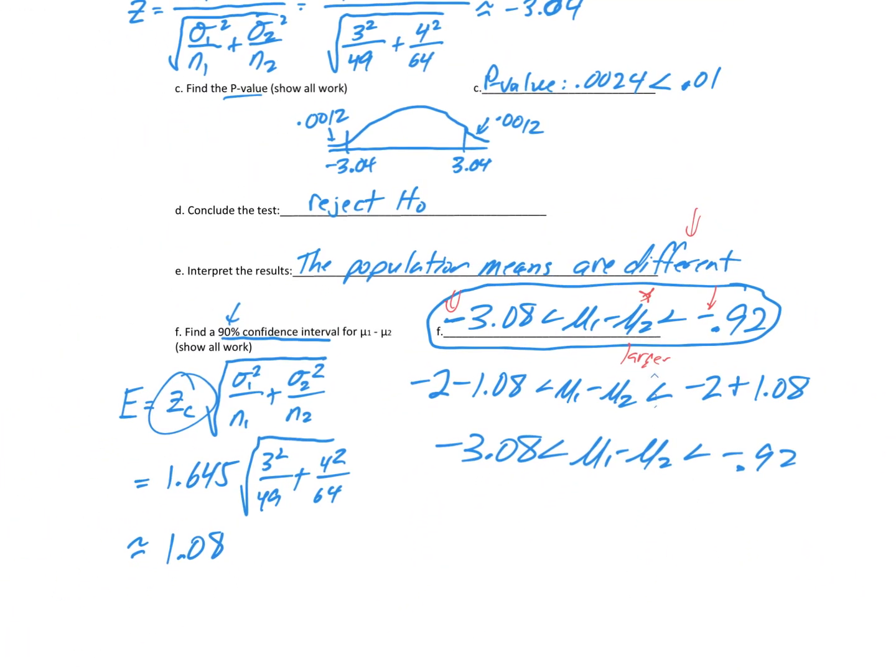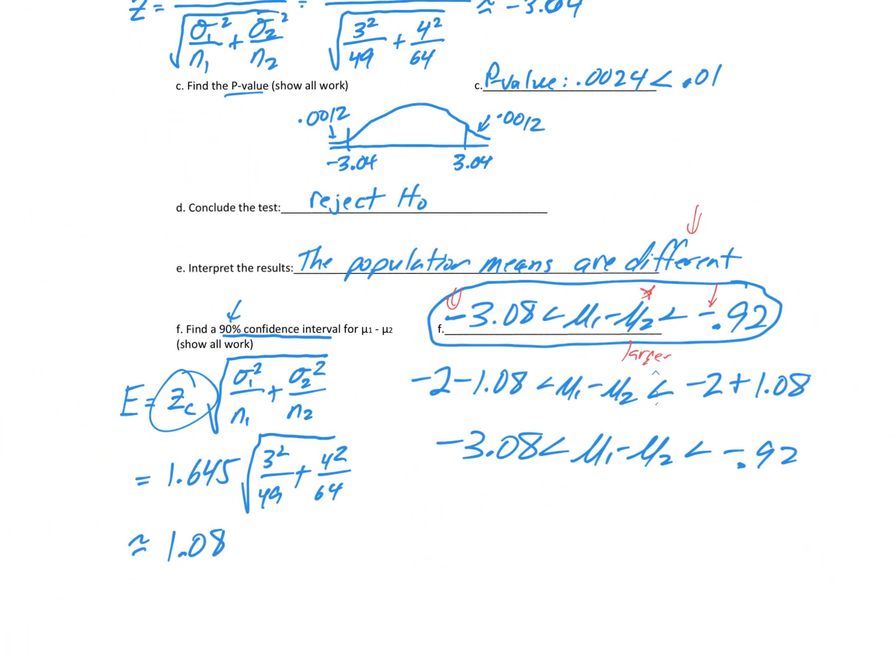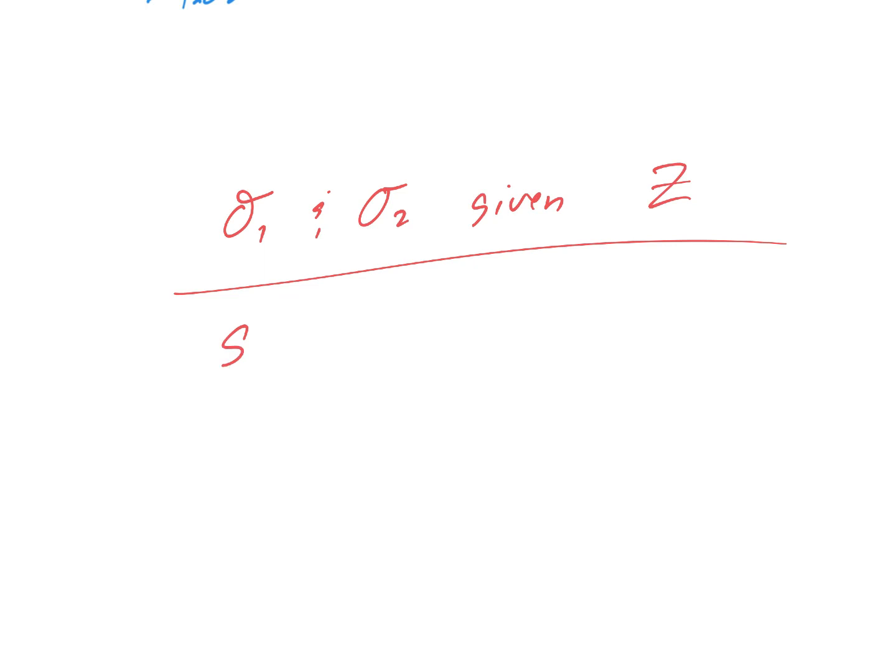Okay? So, one more reiteration of each of these. Ladies and gentlemen, if sigma 1 and sigma 2 are given, you are going to use the z as your test statistic. If they are not given, that means that S1 and S2 will be given. And if they are given, you're going to use T as your test statistic. Okay?